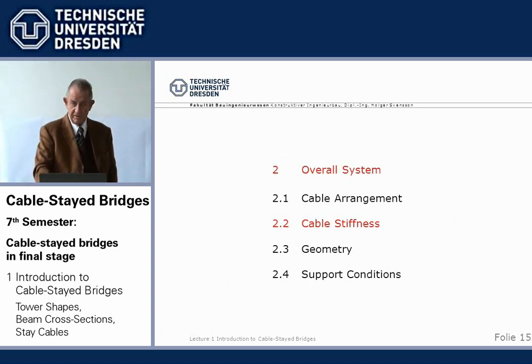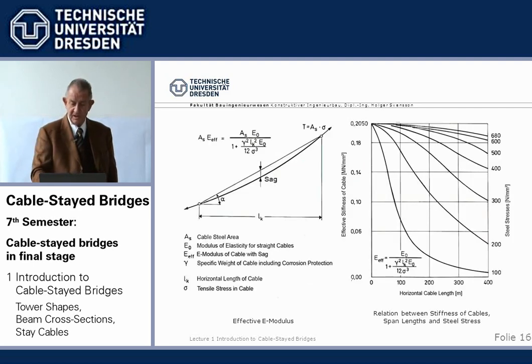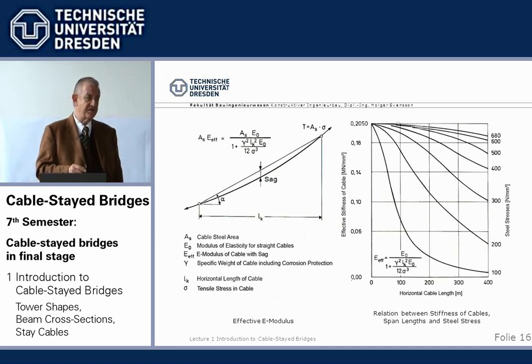So the cables must be stiff in themselves. Cables are from high strength steel, similar to post-tensioning steel. And so they have a basic modulus of elasticity of 2.05 times something, like all steel.